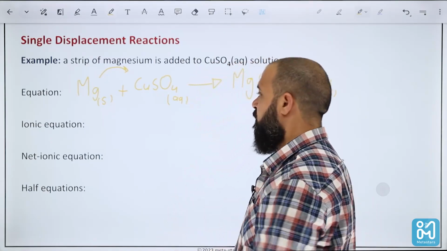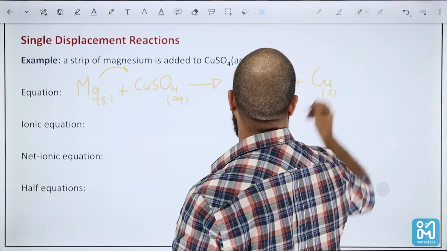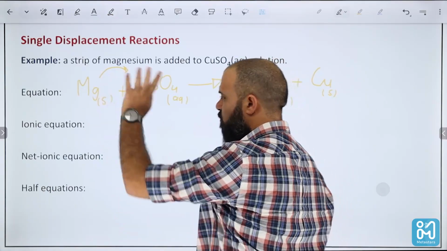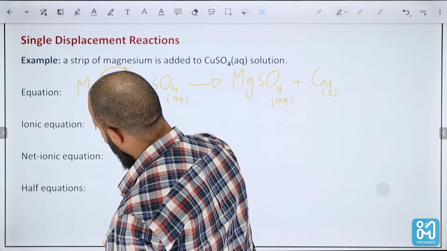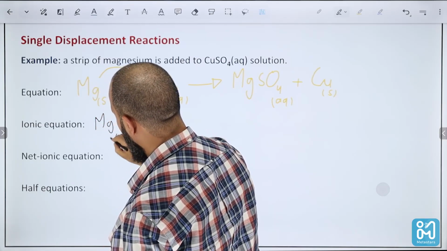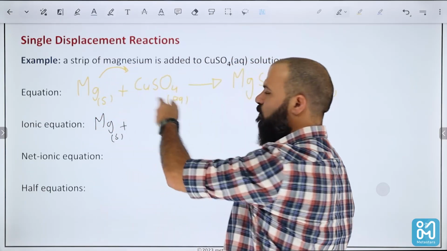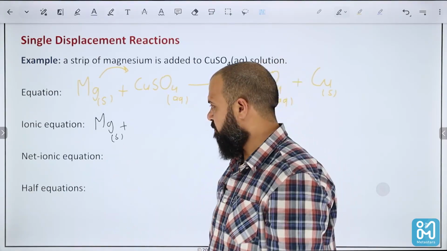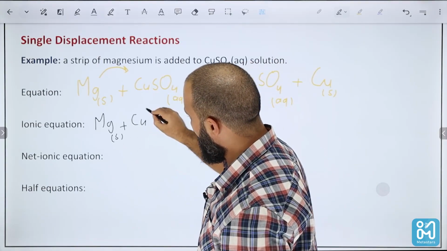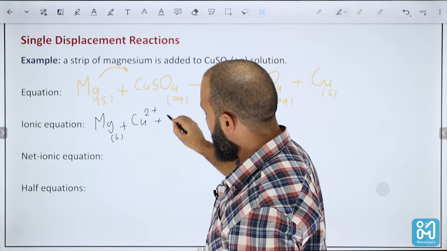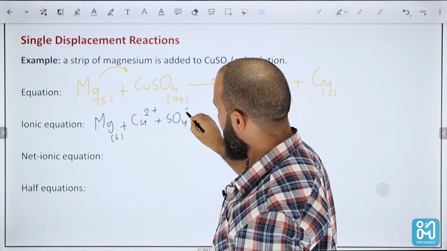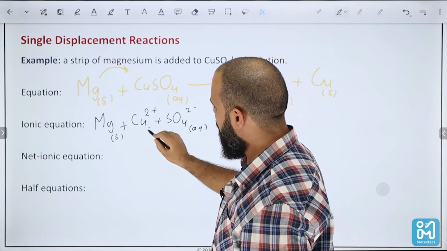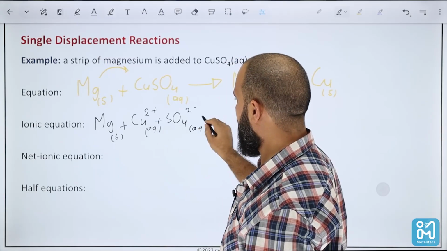Okay, let's write down the ionic equation. Magnesium solid, so I'm going to keep it the same. Mg solid plus CuSO4, copper sulfate. You have to break it down into copper ions and sulfate ions. So I have Cu2+ and SO4 2-, aqueous. Okay.